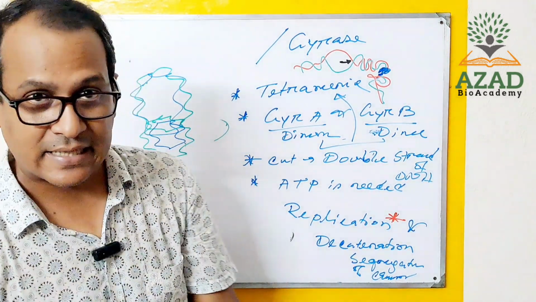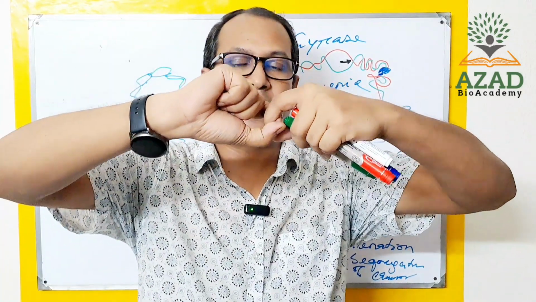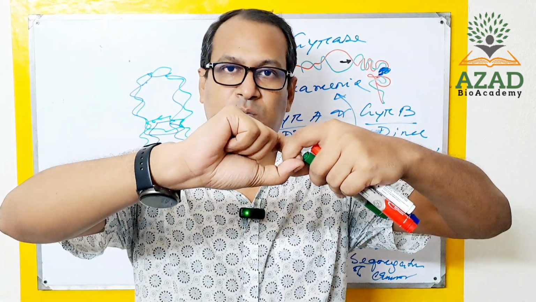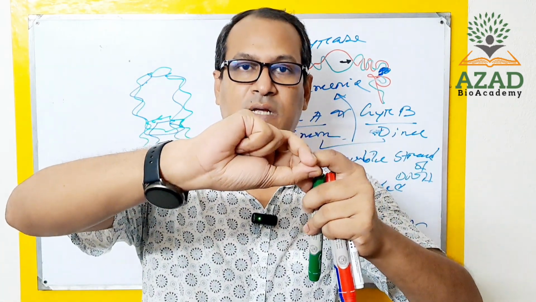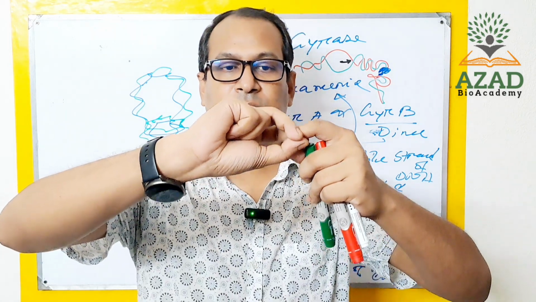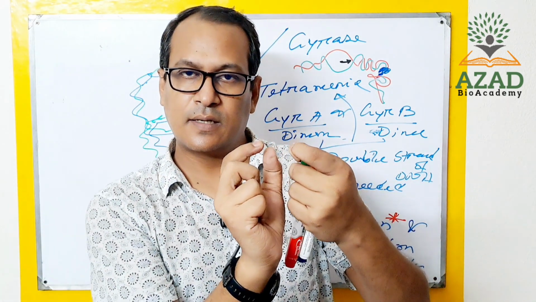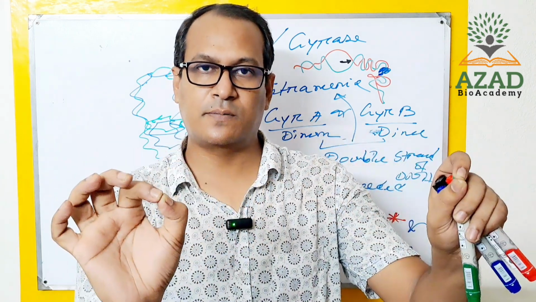That means like rings, one ring will enter into another. If you want to separate it, what is to be done? You must cut the double strand of DNA, and then the other DNA will be removed from it, and then ligation will ligate it, and finally two chromosomes will be separated.